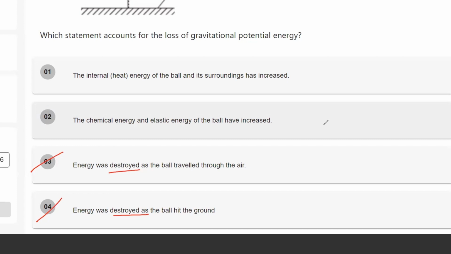The other thing is, usually when there is a loss of energy to the environment, it is lost as heat, sound, or light. So the correct answer in this case would be answer 1. The internal energy or heat of the ball and its surroundings has increased.